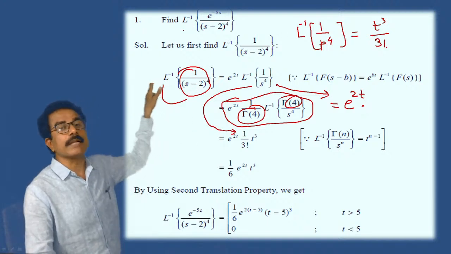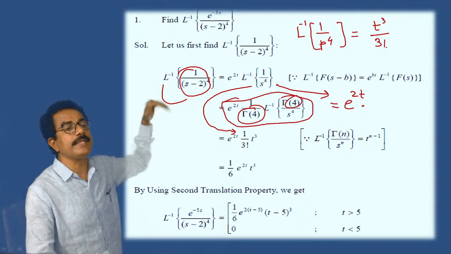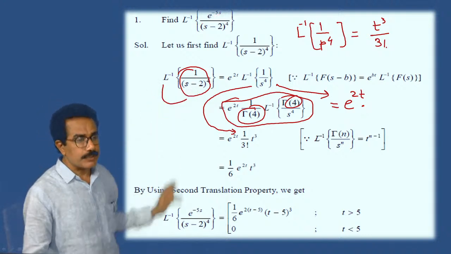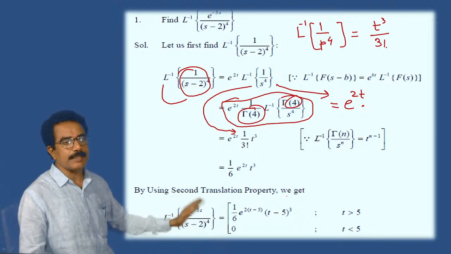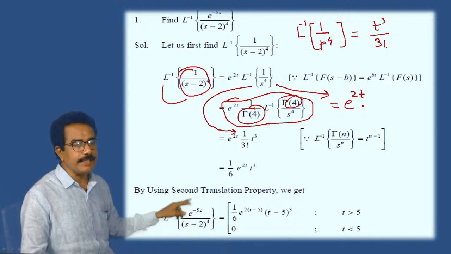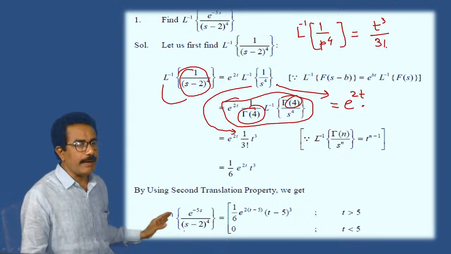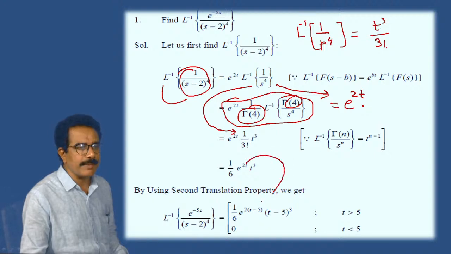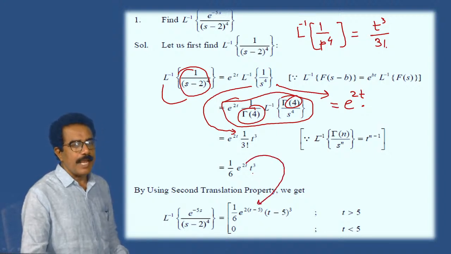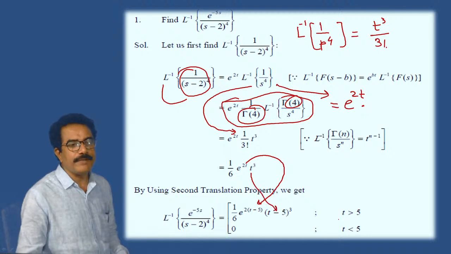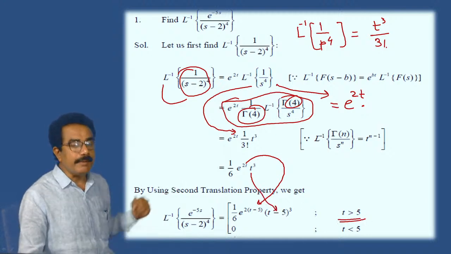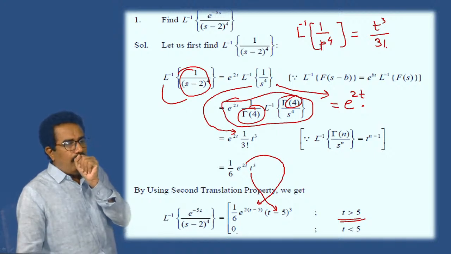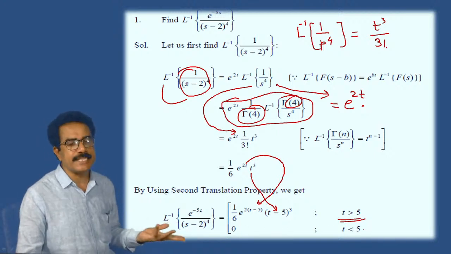But actually we have to calculate the inverse Laplace transform of e raised to minus 5p divided by (p minus 2) raised to 4. So again by using the translation property, L inverse of e raised to minus 5p divided by (p minus 2) raised to 4 will be 1 by 6 e raised to 2t, t cube, with t replaced by t minus 5 if t is greater than 5, and it will be 0 if t is less than 5.